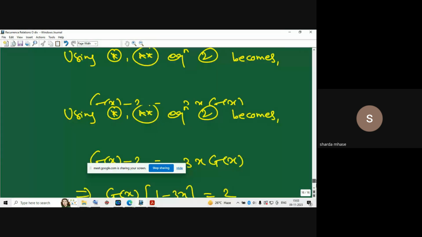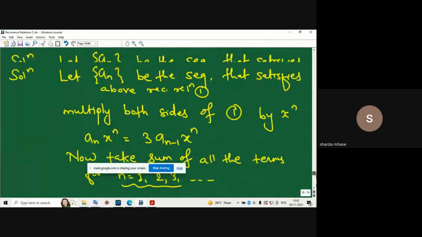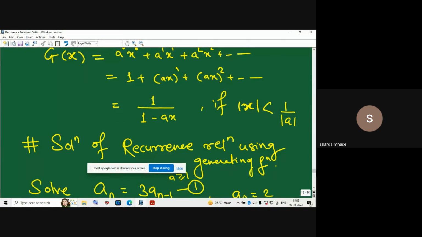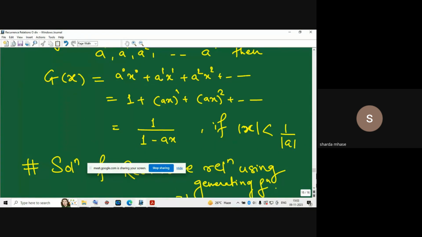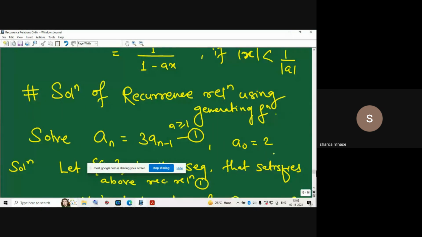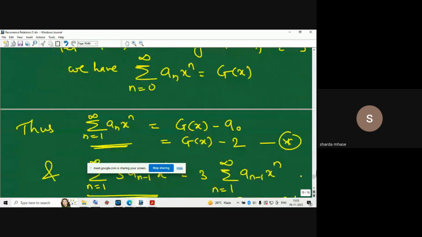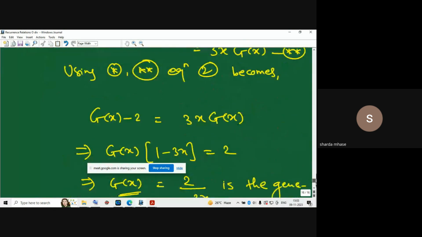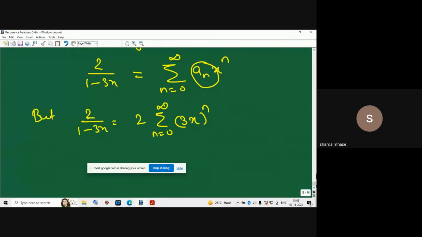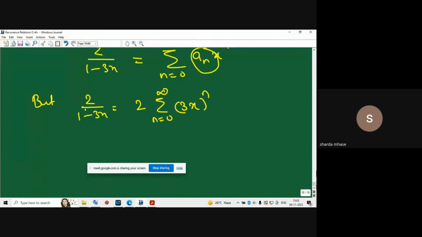I'm using the above equation. See, a x plus a raised to 0 x raised to 0 which is 1 plus a x square and so on, that is nothing but 1 upon 1 minus 3x and the whole thing is multiplied by 2. So I'm just comparing that. Here I can see a 3, so a raised to n x raised to n.